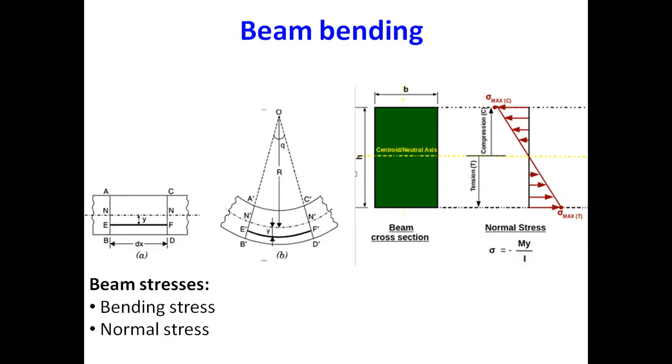When we have a pushing effect on the material, that loading is compressive loading. As a result of tensile loading, we would have tensile stress. As a result of compressive loading, we would have compressive stress. And you already know that tensile stress and compressive stress are normal stresses.